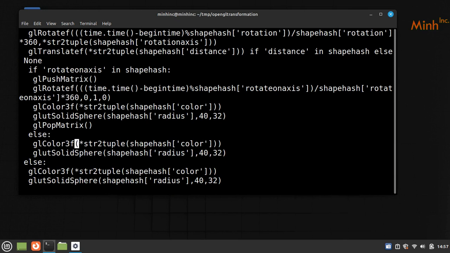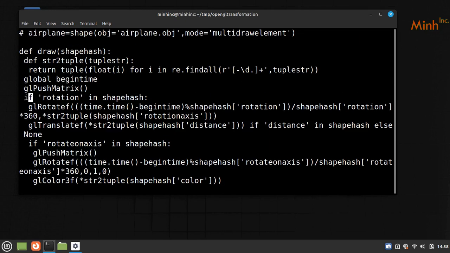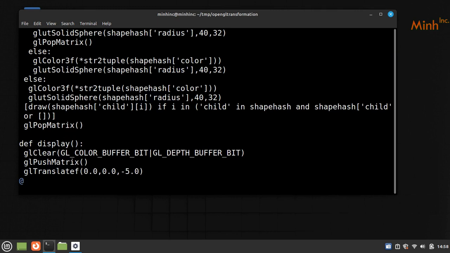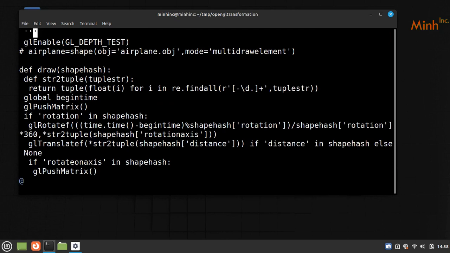If it doesn't rotate, then just color and draw. If there is a rotation found, then there is rotation and translation. If nothing is there, then just draw. Now call the draw shape as child I for I in the child, and done. So this is a recursive function, and recursively it draws all the shapes.